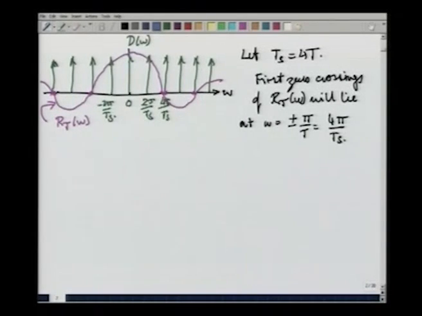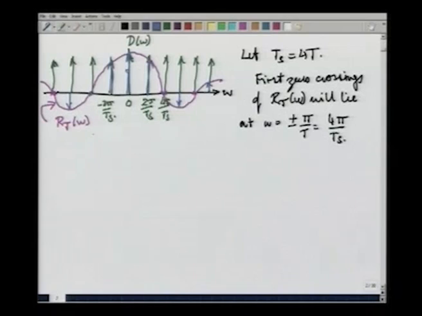You have this, and then you have zero at this place and at this place, and so on.